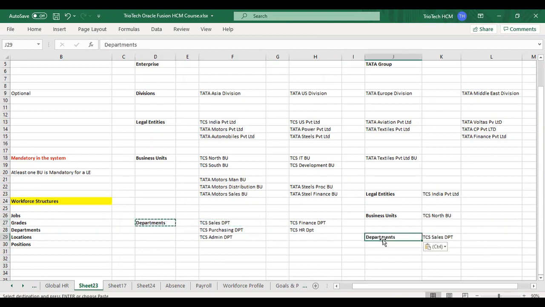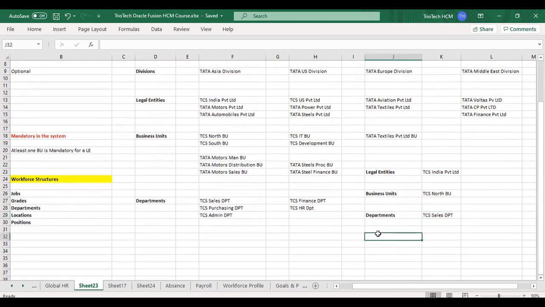Then next it will ask us, okay, in this legal entity, in this business unit, in this department, in which job you are hiring the employee? What is the designation that you want to allocate to the employee, the job? In which grade you are hiring the employee? In which department is the same concept here and here. In which location you are hiring the employee? In which position you are hiring the employee? These are all details that will be asked.